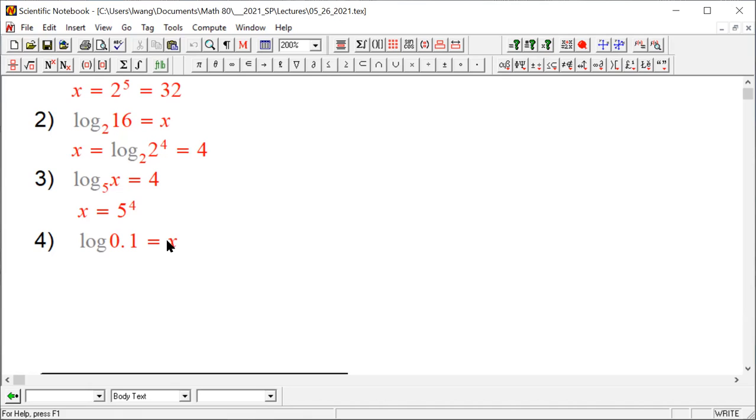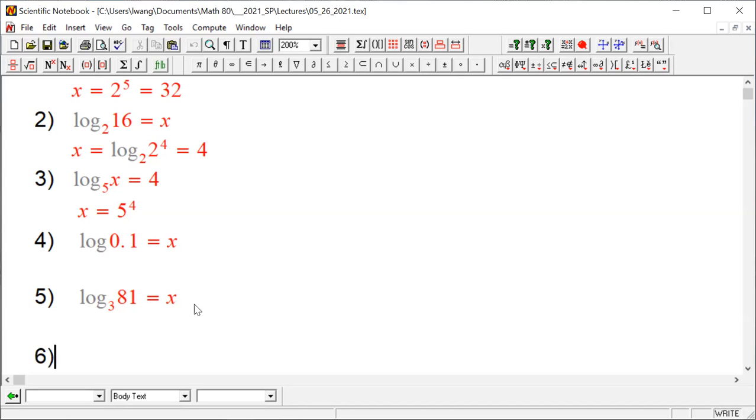I also want you to try number 5, and 6. You can use the definition. It's a miscellaneous set of questions. Number 5 is log base 3 of 81 equals x.